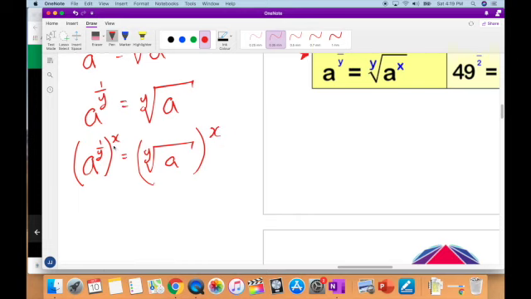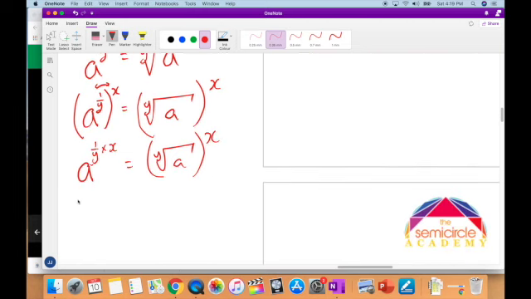And we very well know that when we have these brackets, you multiply both of these powers. So that is a to the 1 over y multiplied by x, which is the y root of a all to the power of x. And therefore, a to the power of x over y is equal to, you just take your denominator, the y root of a, and it's all to the power of x.